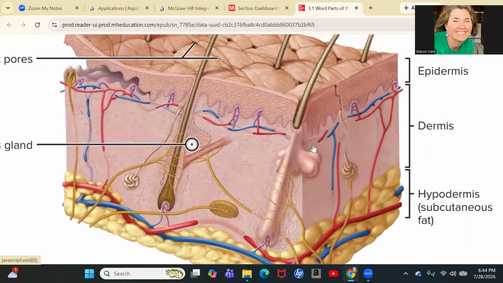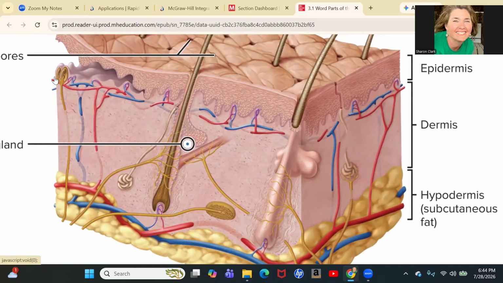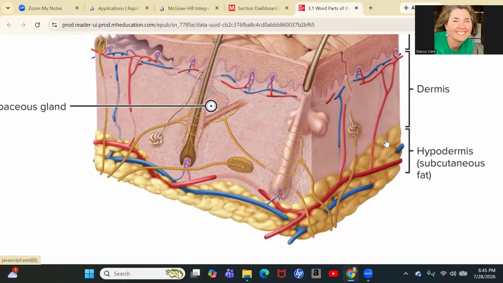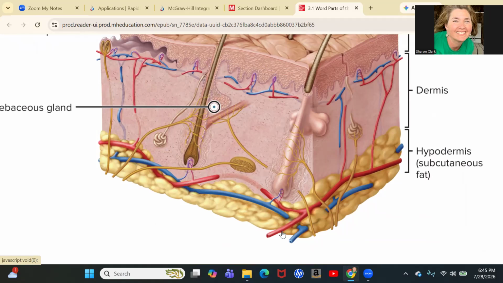That is thanks to these different types of nerve endings found here in the dermis of your skin. And then lastly, you have what's known as the hypodermis or subcutaneous layer.